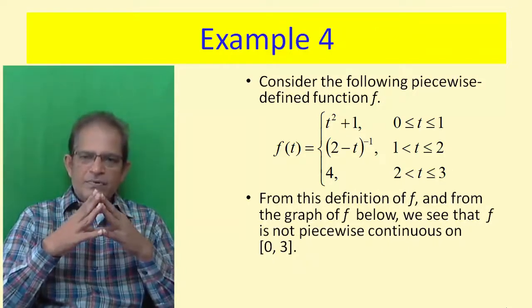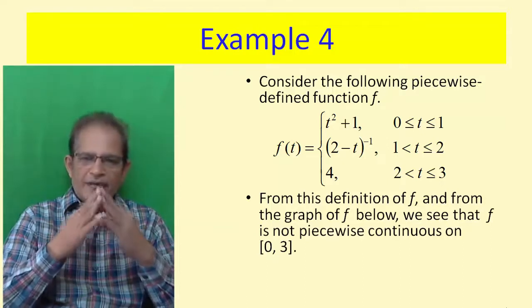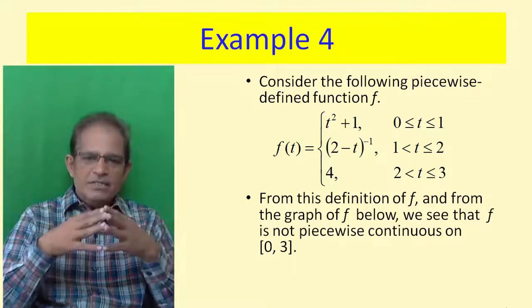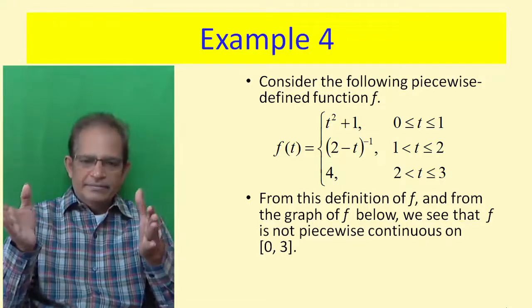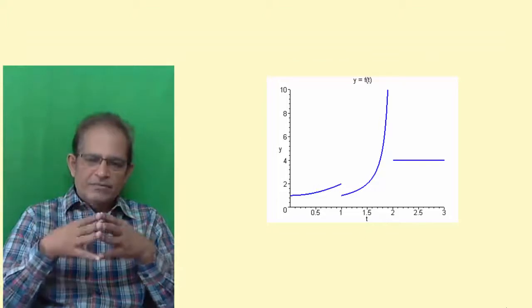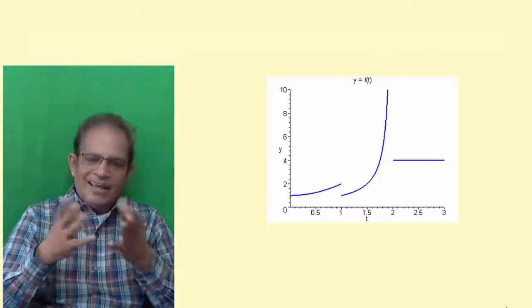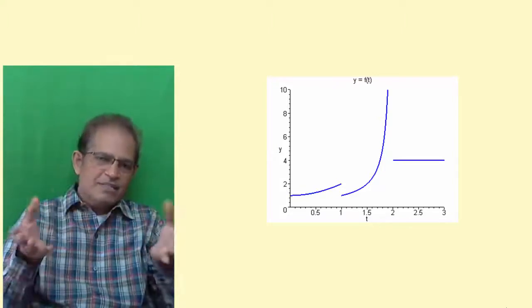So this function f, as you see the graph, is piecewise continuous in the closed interval 0, 3. So instead of a continuous curve, this curve is in the form of pieces, and that's why in every piece the function is continuous.